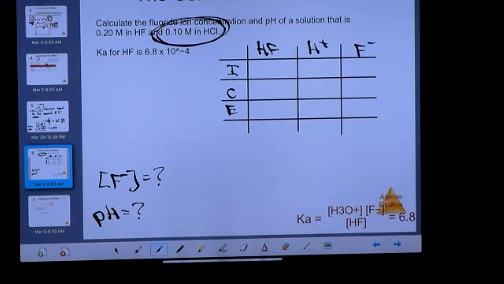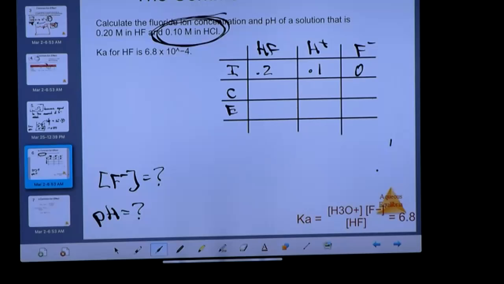So what's my initial HF? It's 0.2. What's my initial H plus? Okay, it tells me it's 0.1. My initial F minus is 0, right? We okay with that? All right, then think about the following.